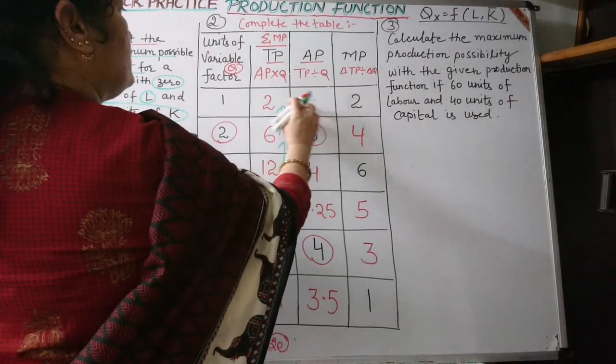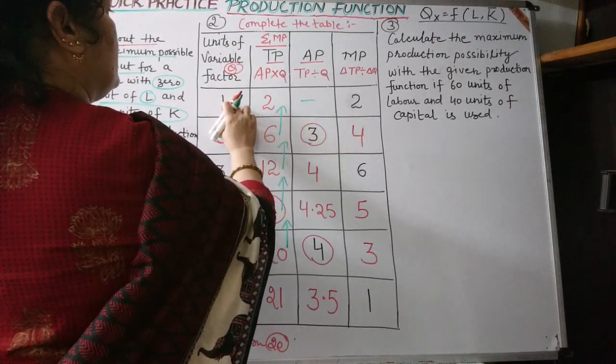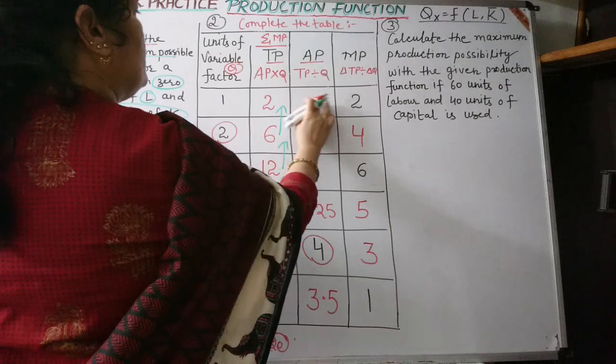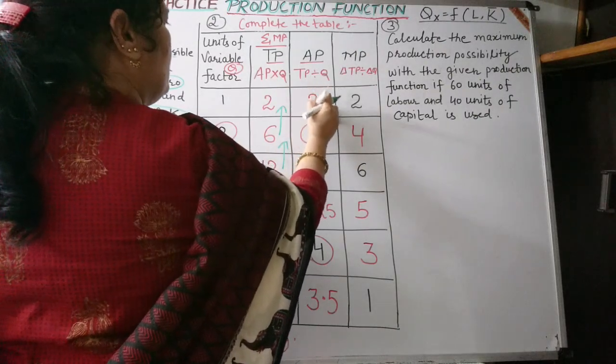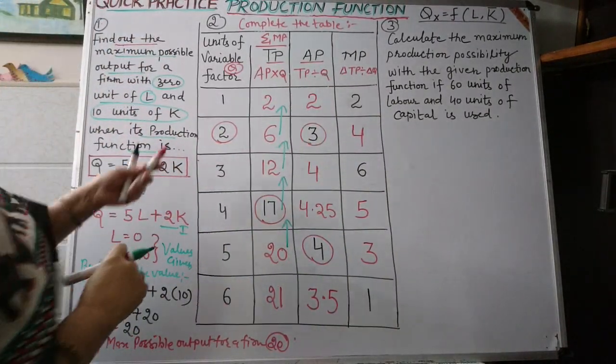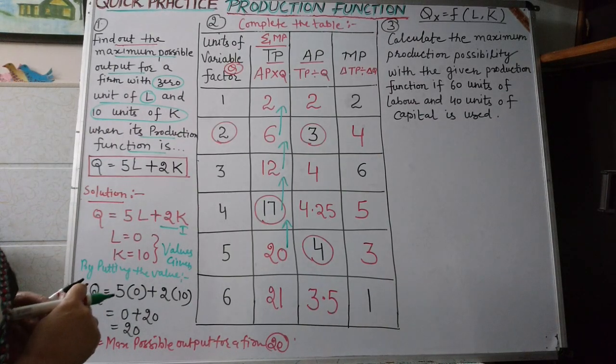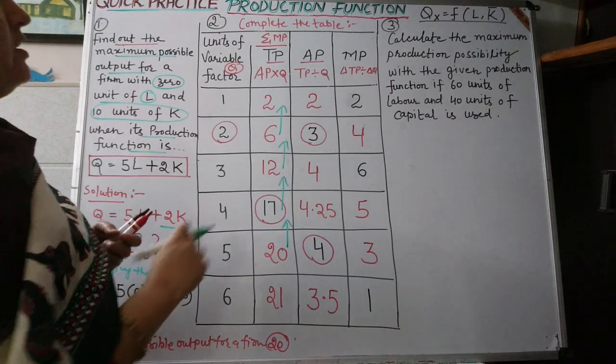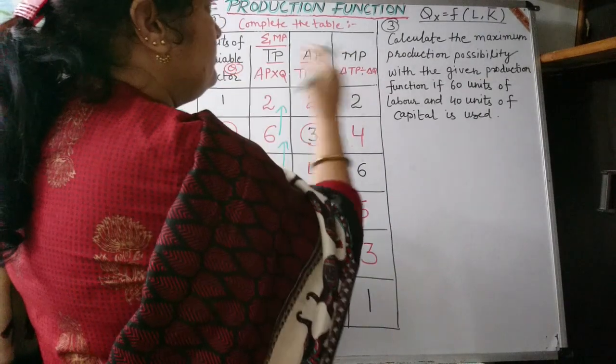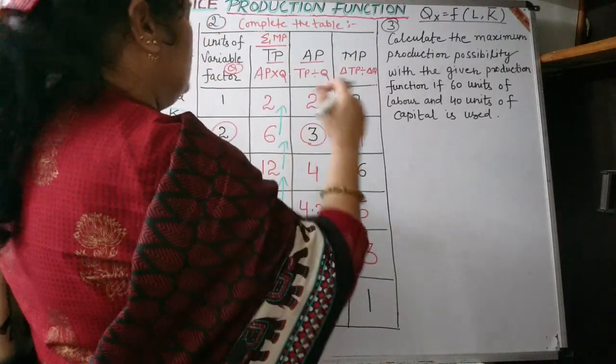One calculation is remaining. 2 divided by 1, TP divided by quantity is equal to AP. This will also be 2. So in this way we can fill up all the columns. That was the second numerical. And let us calculate the third numerical.